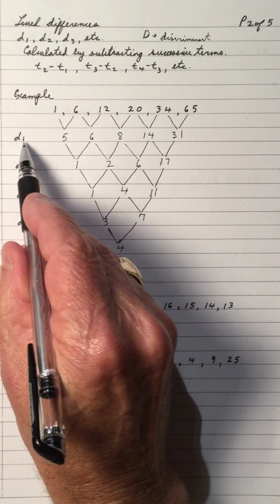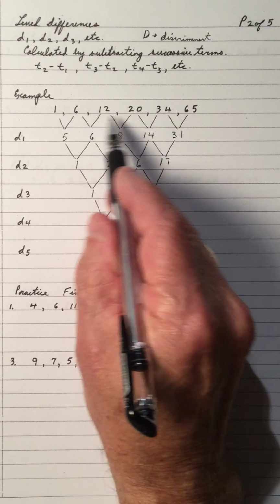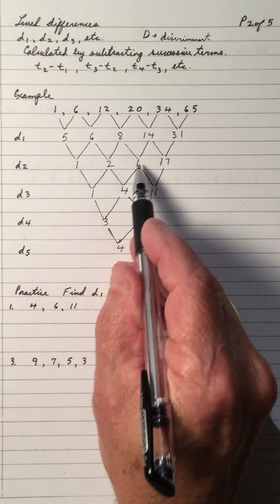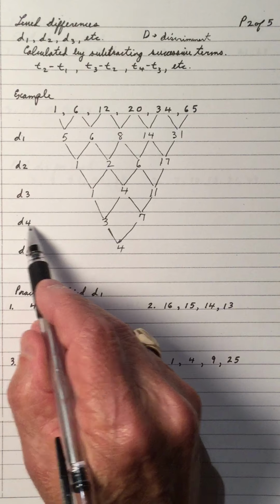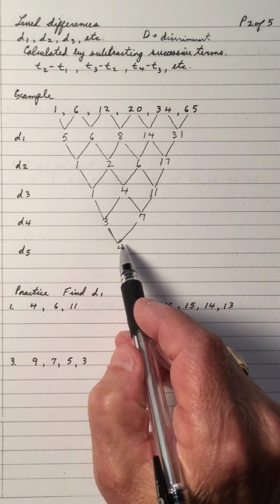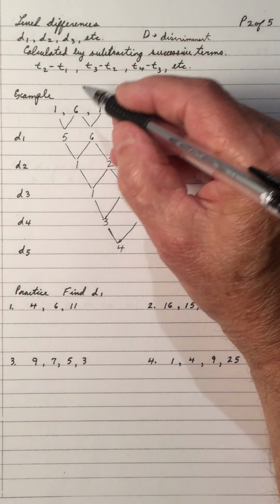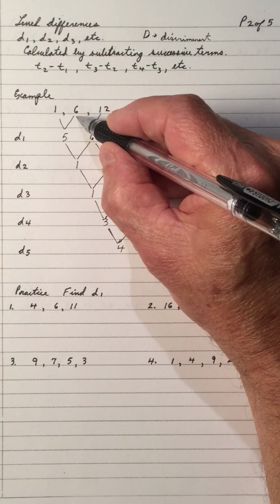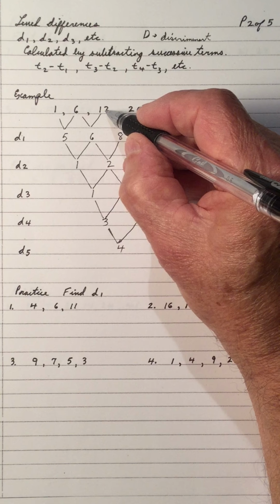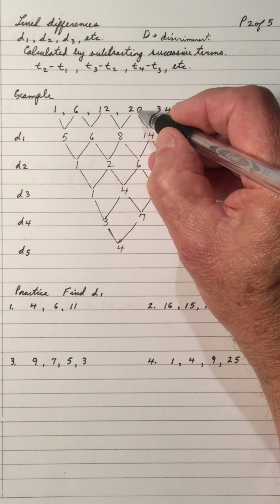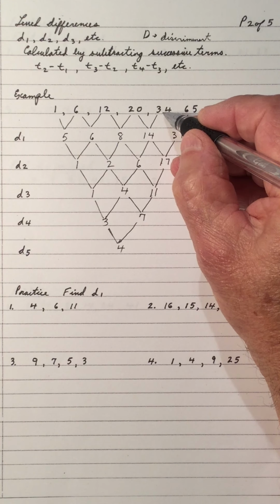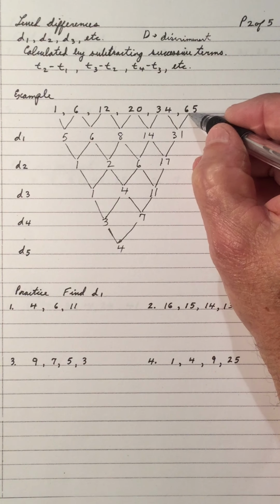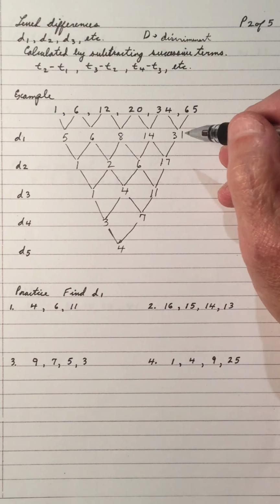So notice first level difference when you subtract all the successive terms, second level difference, third level difference, fourth level difference, fifth level difference. And if you go backwards, if you've got a difference of 5, 1 plus 5 gives you 6, 6 plus 6 gives you 12, 12 plus 8 gives you 20, 20 plus 14 gives you 34, 34 plus 31 gives you 65. So you can work the other way.